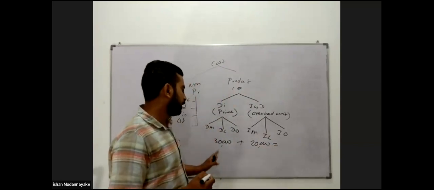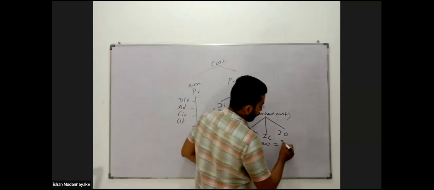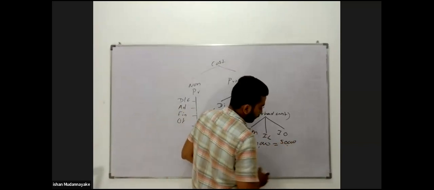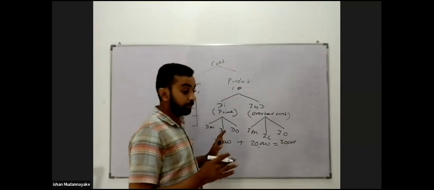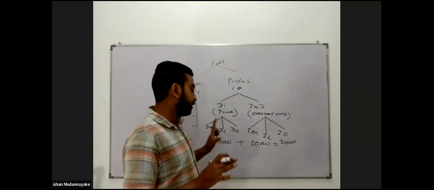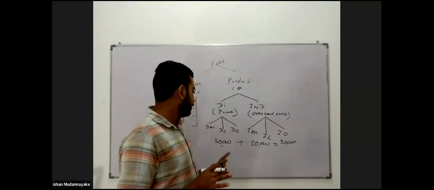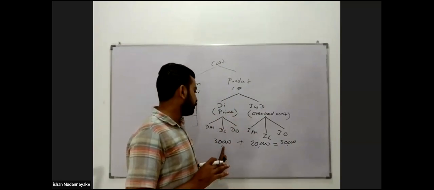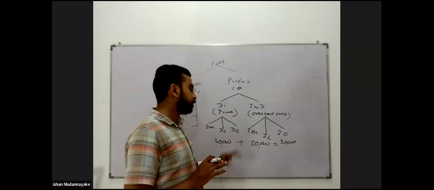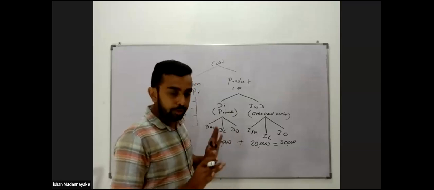Production cost is 30,000 plus 20,000. How much? 50,000. These are the things we need to discuss under this chapter. If the prime cost is 30,000 and the overhead cost is 20,000, then total production cost is 50,000.